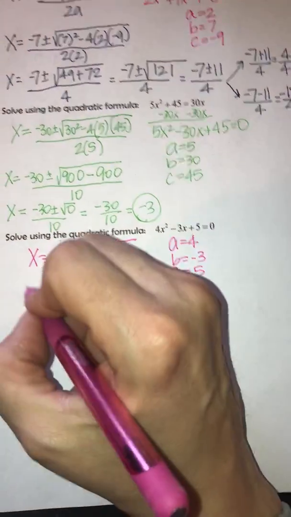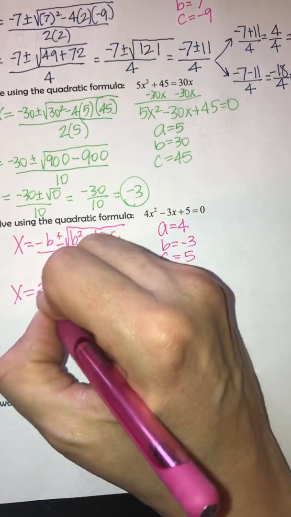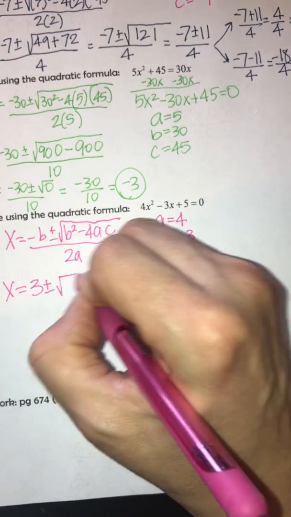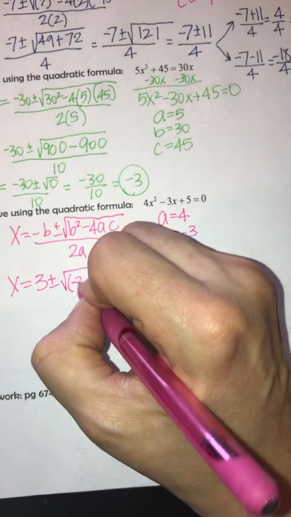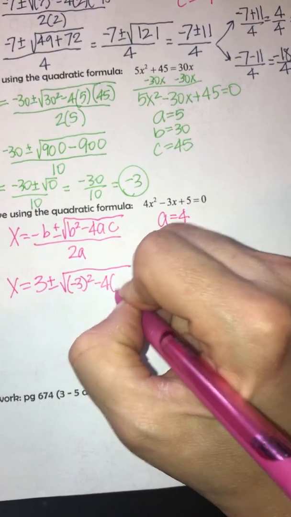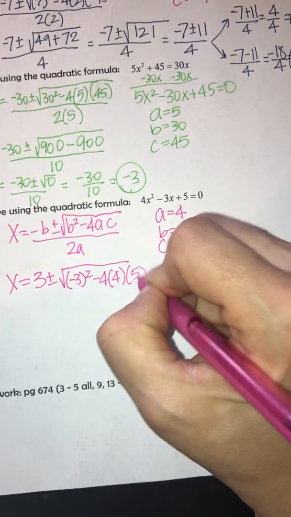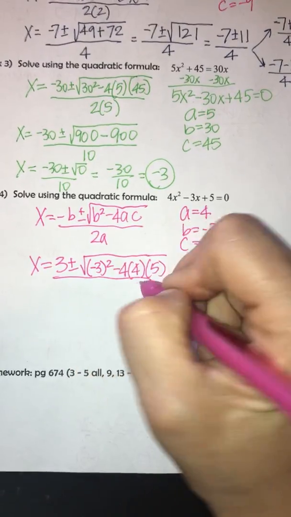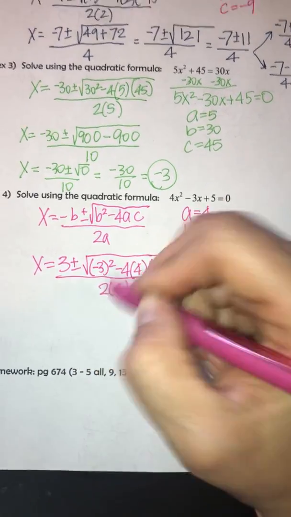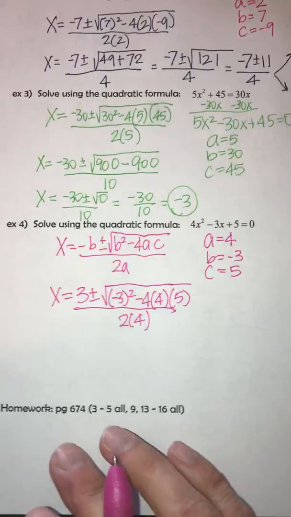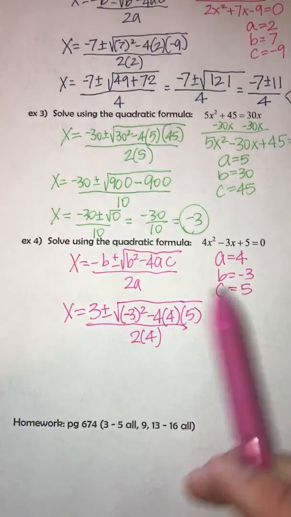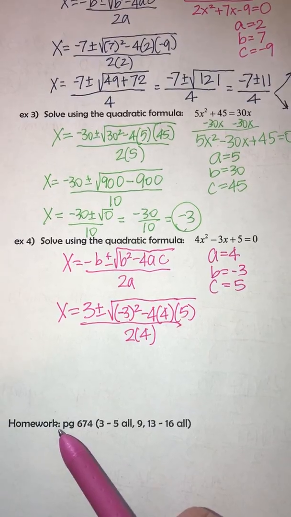So again, putting this all into my formula, opposite of B, so positive 3, B squared, minus 4 times A times C, all over 2 times A. And I know I'm filling in that really fast, but you'll get quicker at it.